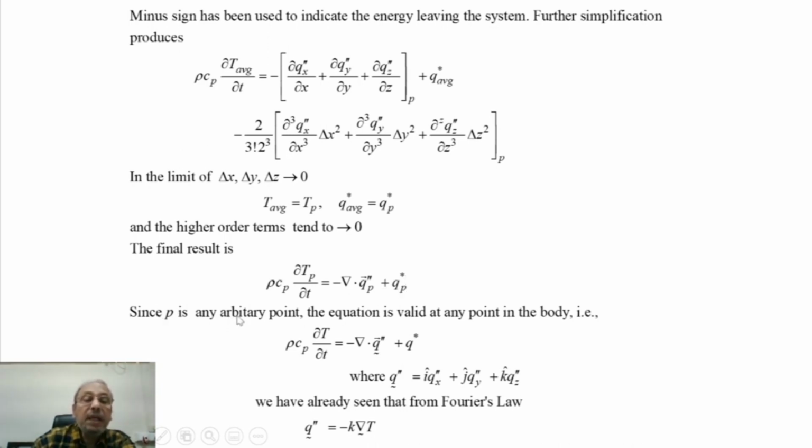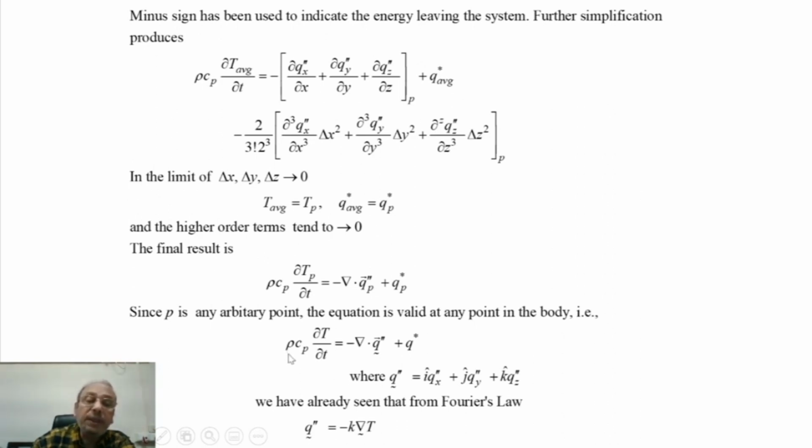Since P is any arbitrary point, because this cube was any arbitrary cube, when this cube shrinks to a point, the equation is valid at any point in the body.